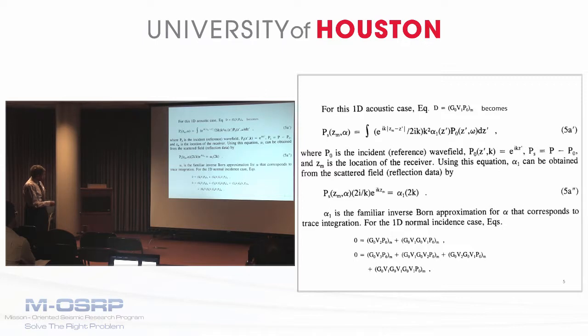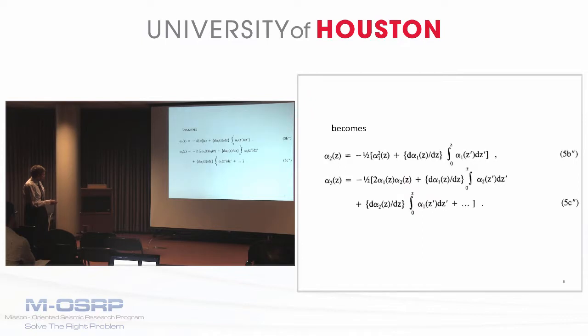Okay, so for this simple case, where V1 is just k squared alpha 1 and so on, these equations, the second equation in particular that we're going to be looking at, becomes minus a half alpha 1 squared plus the derivative of alpha 1 times this integral. So remember, alpha 1 is linear in the data.